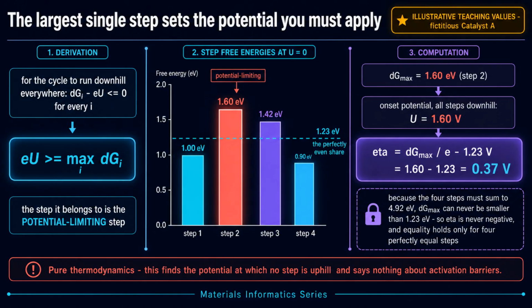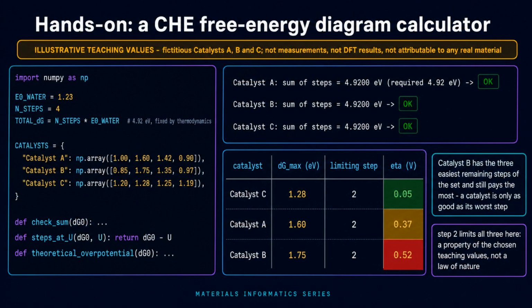At 1.60 volts, that step flattens to exactly 0, and every other step is negative. The theoretical overpotential is the excess over the thermodynamic price: 1.60 minus 1.23, or 0.37 volts. The calculator takes 4 step energies, checks the sum rule, shifts every step by the applied potential, and reports the overpotential and the limiting step.